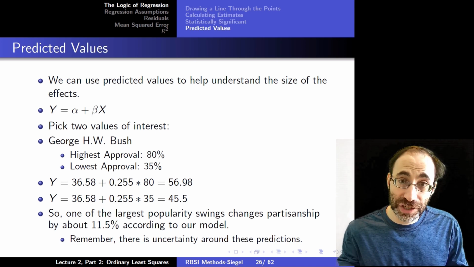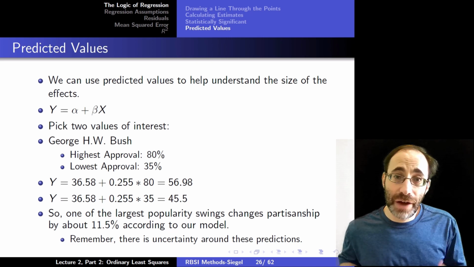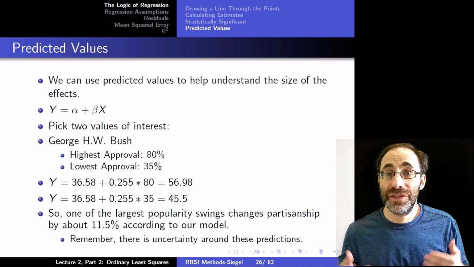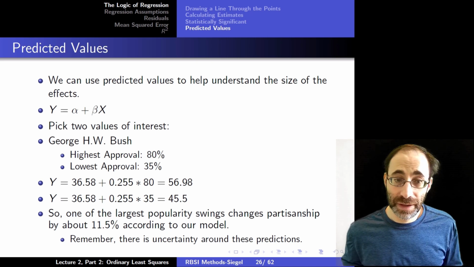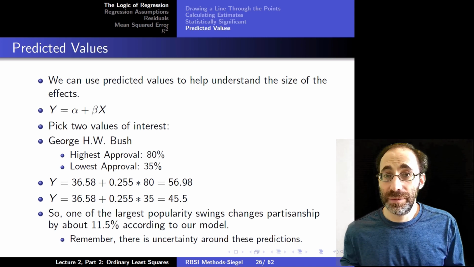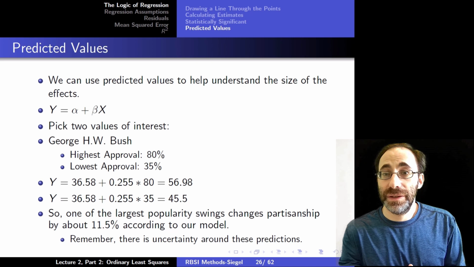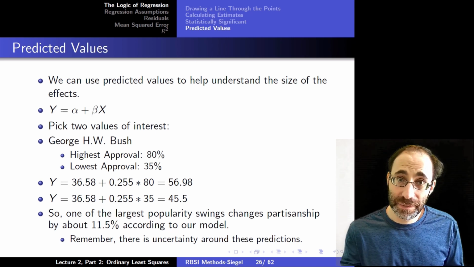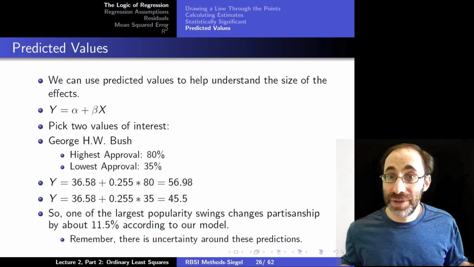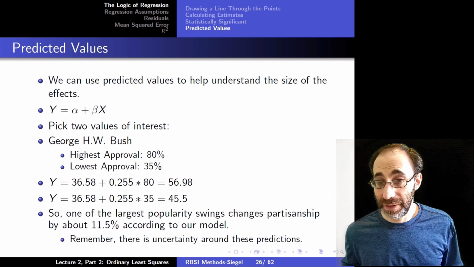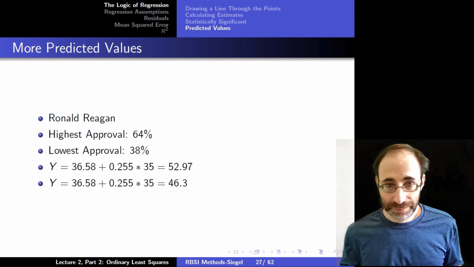There's uncertainty on these predictions, it's true, but it's important to know, on average, we're now getting an estimated size of the effect of approval using realistic approval numbers. The entire range of approval during President Bush's time in office would have shifted partisanship associated with his party 11.5%, which is substantial. Substantial degree of predicted partisanship shift.